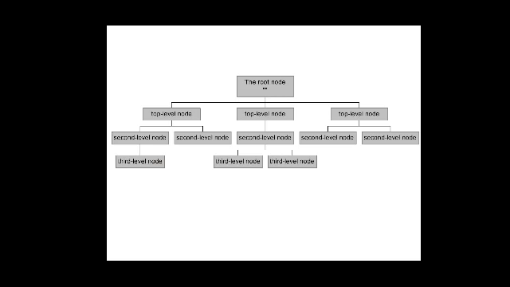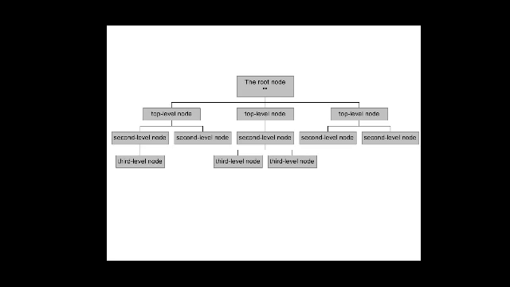For a domain name, the maximum possible levels are 127. Generally, the root node is nothing but just a dot.